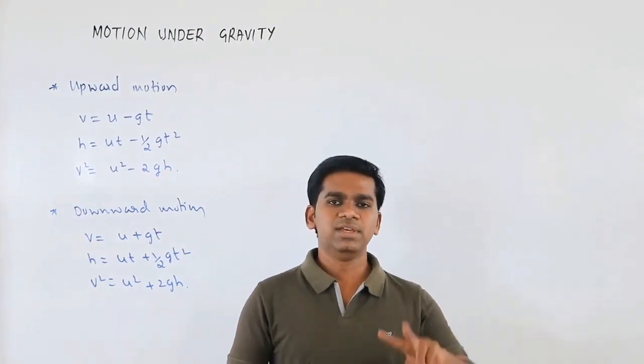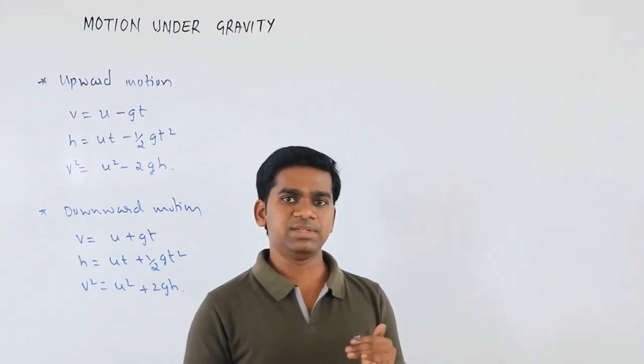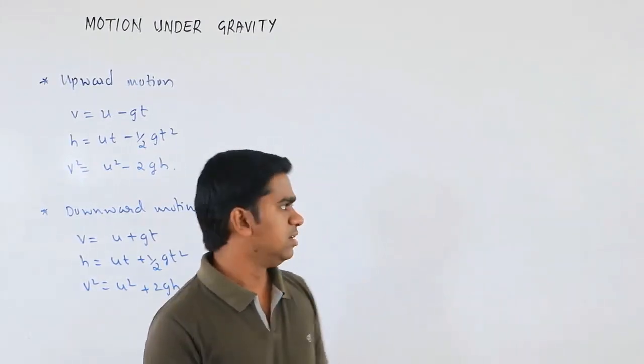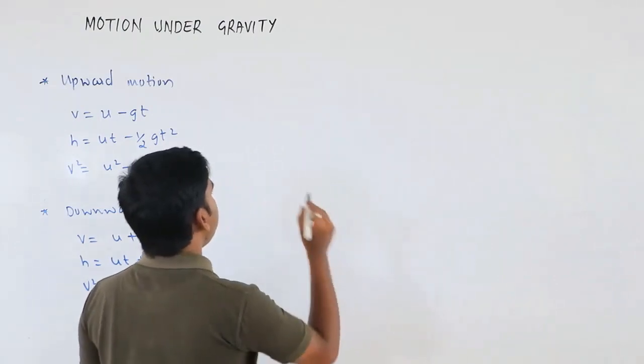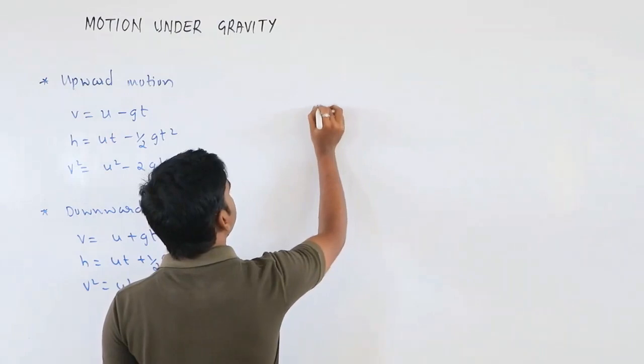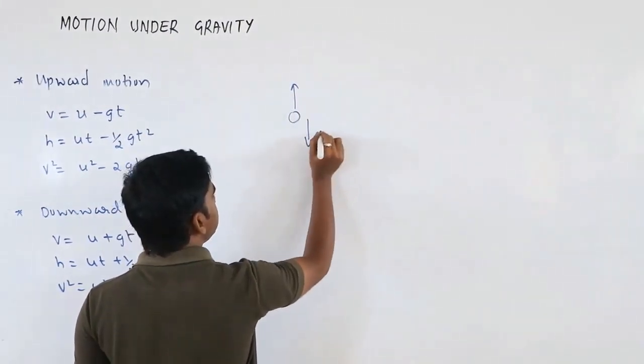Very simple. If you don't want to change the signs of velocity and displacement, better you change the sign of acceleration due to gravity. If the body is moving upward, g is downward.